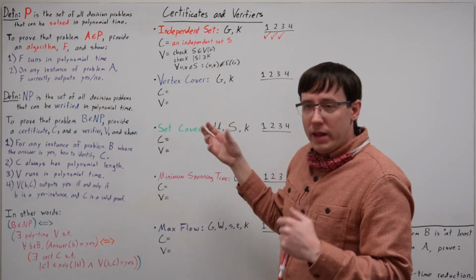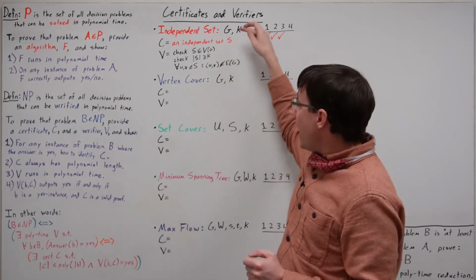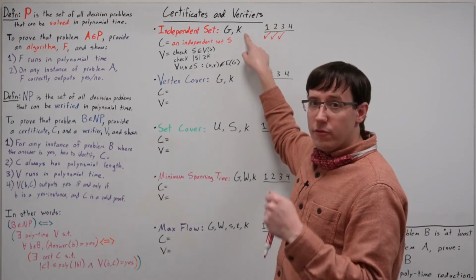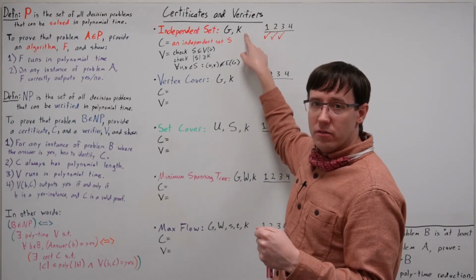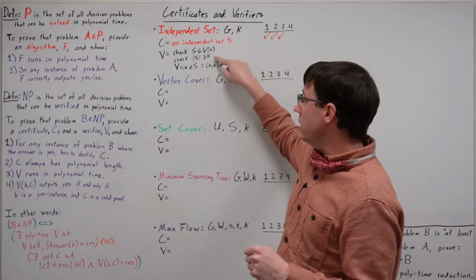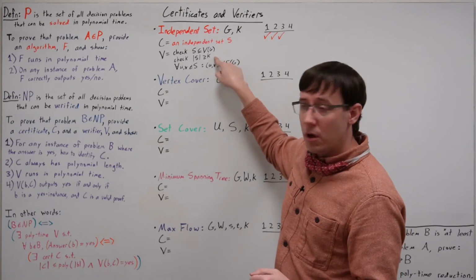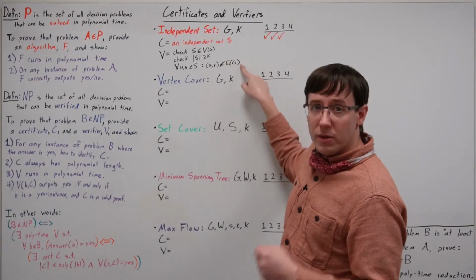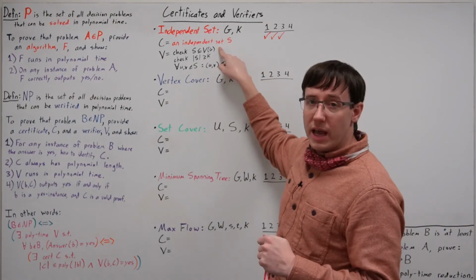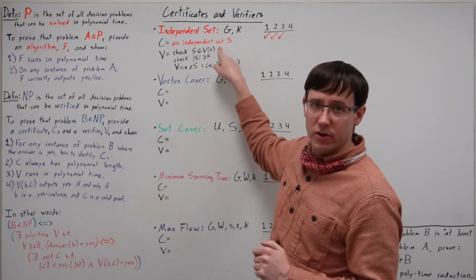For a no instance of this problem, that would be a graph that has no size k independent set, which means that for any certificate we might give, it's going to fail one of these checks. Either we didn't give enough elements, or some of those elements weren't independent, or we tried to cheat and gave a collection of elements that wasn't actually a subset of the vertices.